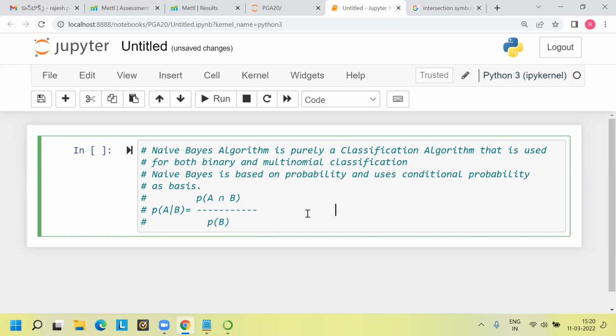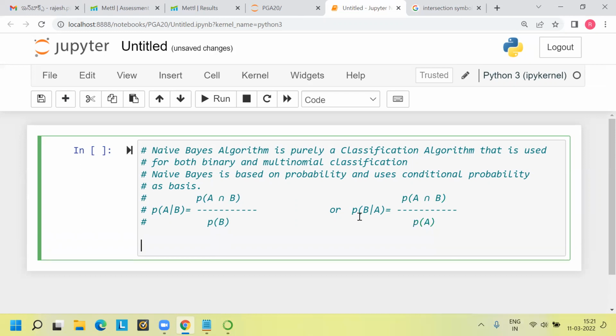Similarly, you have the other side also: probability of B given A has already occurred is probability of A intersection B, where the denominator changes from probability of B to probability of A. So this is the conditional probability formula.